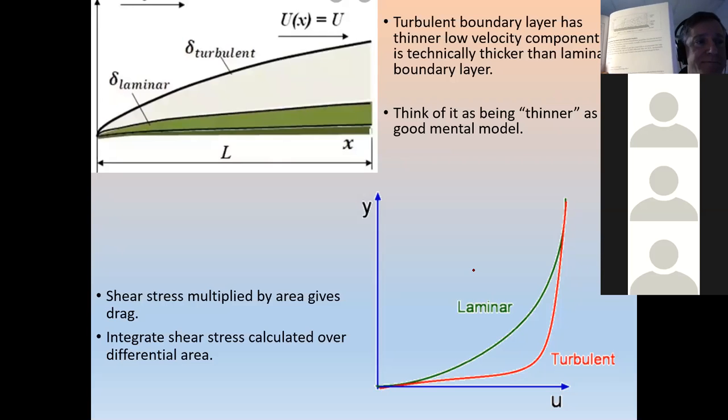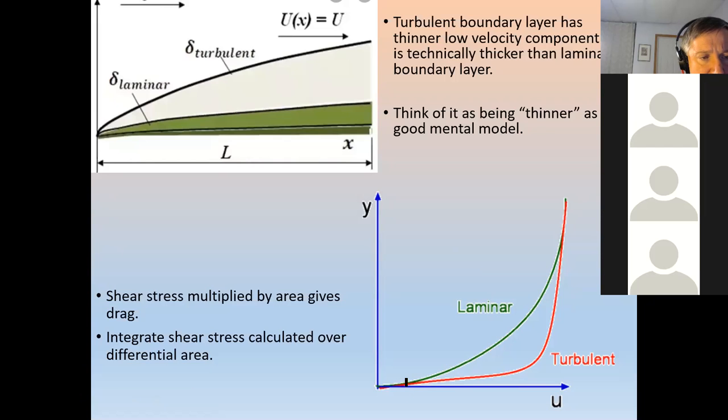But rather than the last image, which shows you a thicker turbulent boundary layer, I think it's more helpful for designers to consider that the turbulent boundary layer has a thinner low velocity component to it. So the low velocity part of the boundary layer is thinner for turbulent boundary layers. So we're looking at this lower right curve here. Let me get a different color or different highlighter.